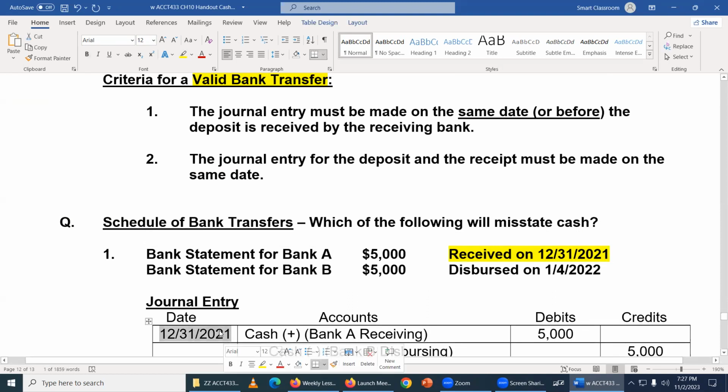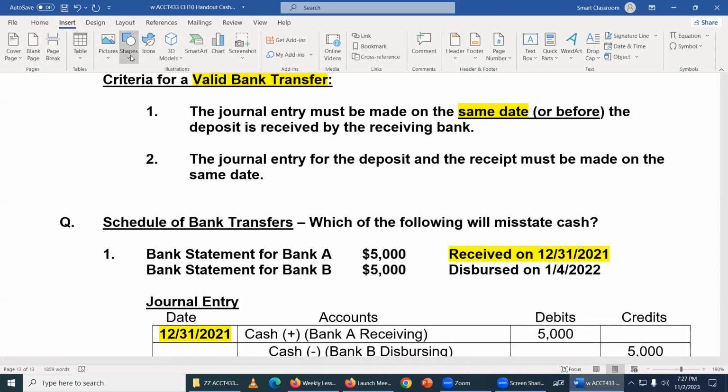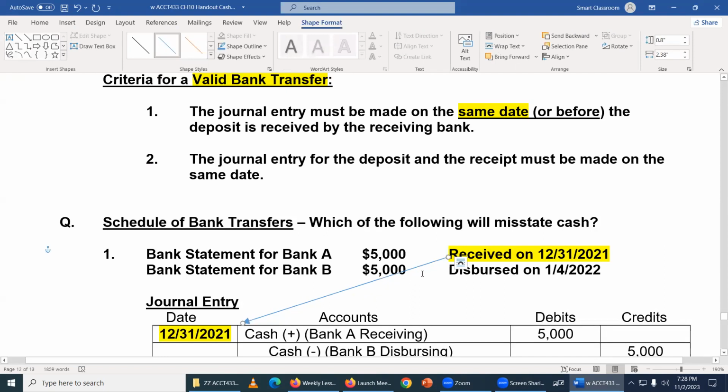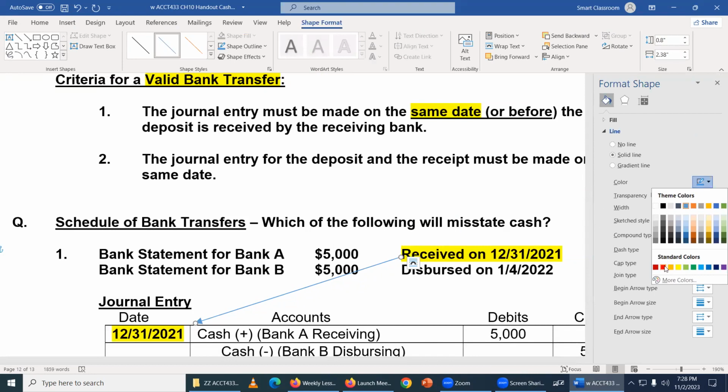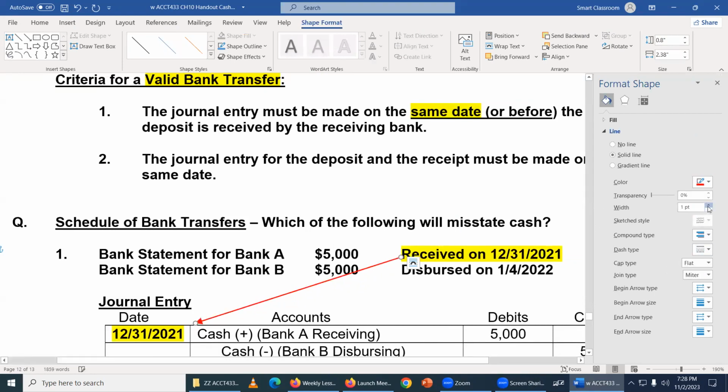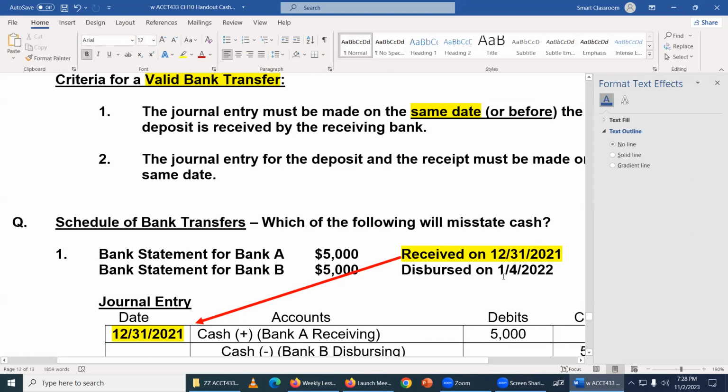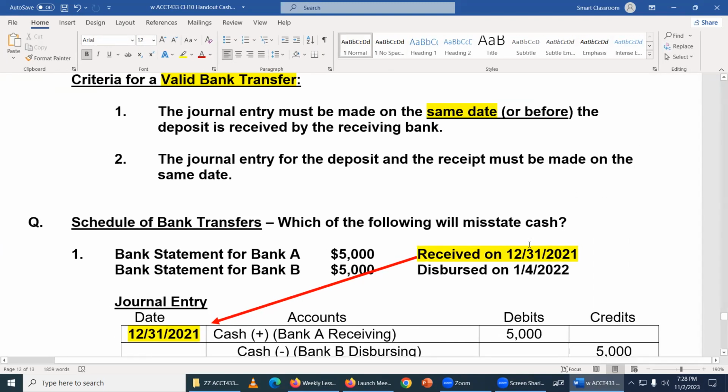Okay, notice that the journal entry is on 12/31, so it's on the same date, right? For whatever reason, they said we need to make this okay, so it's okay for the first one.